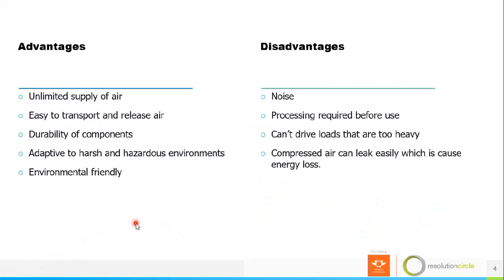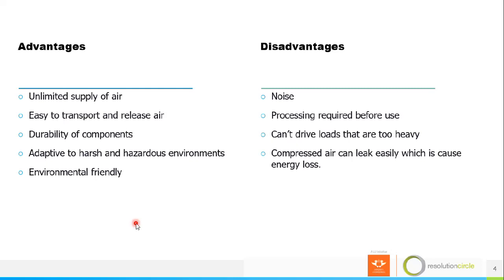When we are working with pneumatics, there are advantages and there are disadvantages. The advantage is that pneumatics has an unlimited supply of air. We take air from the atmosphere, we compress it in a reserve tank, and we use it to do the work.